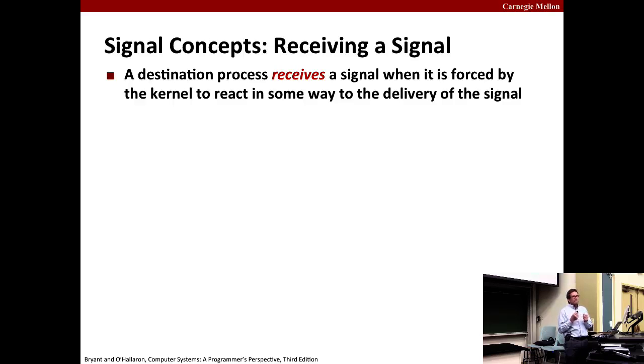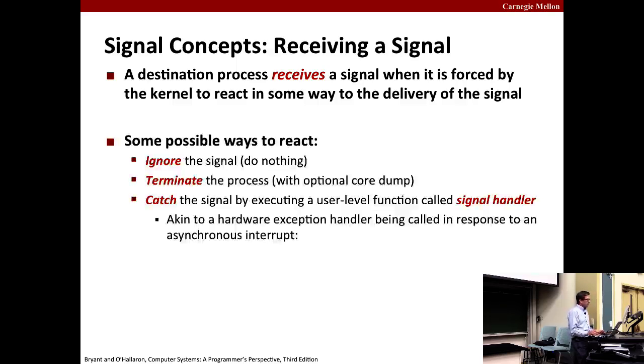Receiving a signal is what happens when the destination process is finally forced by the kernel to react in some way. Some possible ways to react are to just ignore the signal, to terminate the process, or to catch the signal by executing a user-level function called a signal handler.